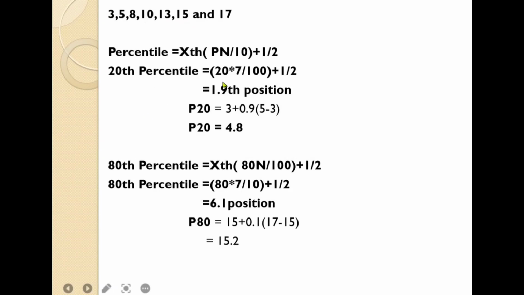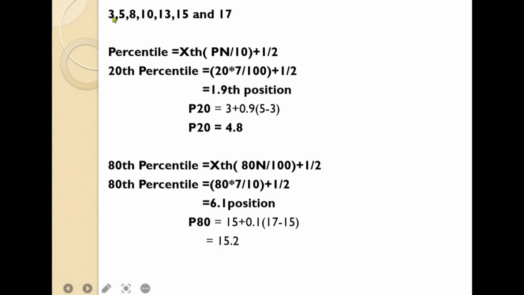So the 20th percentile position is 20n, that's 20 times 7, because n has 7 numbers, divided by 100 plus half. That gives us the 1.9th position. Now, where is the first position?